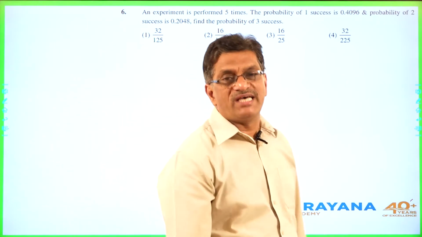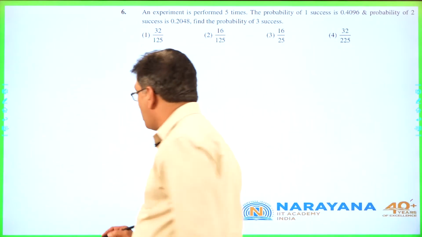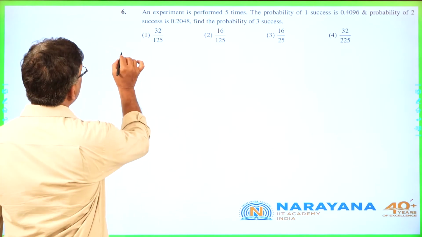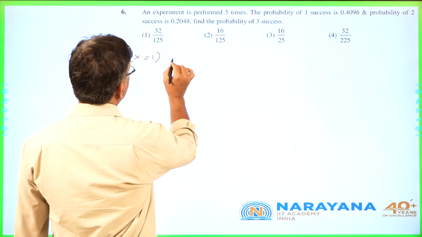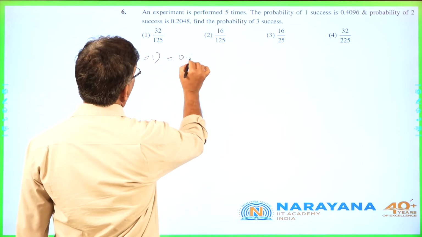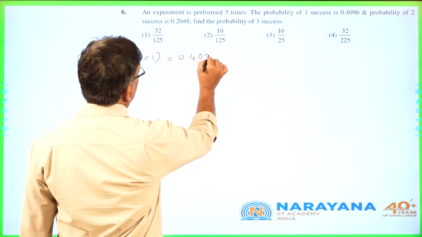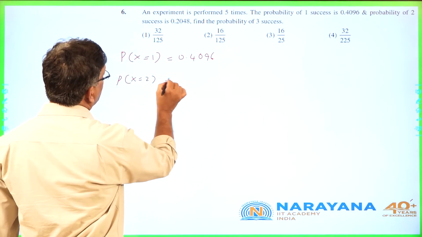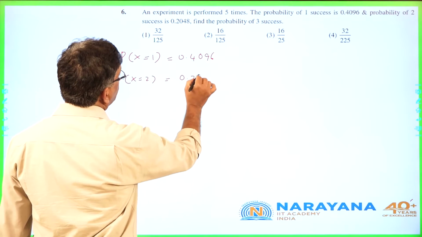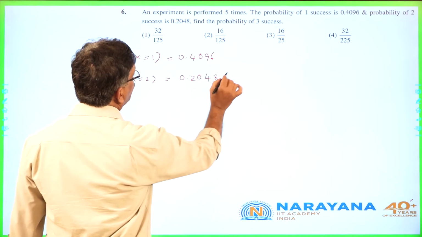Probability of one success, p at x equal to 1 is 0.4096. Probability at x equal to 2, 0.2048.